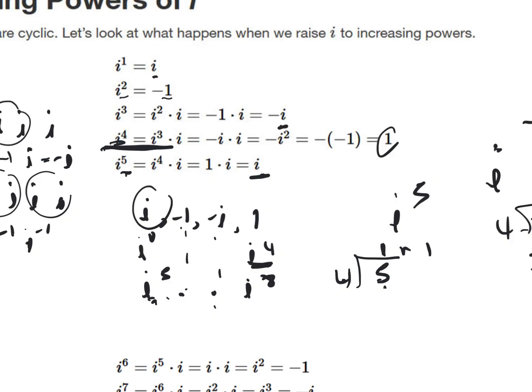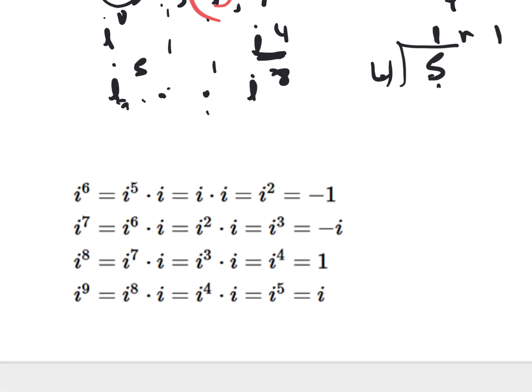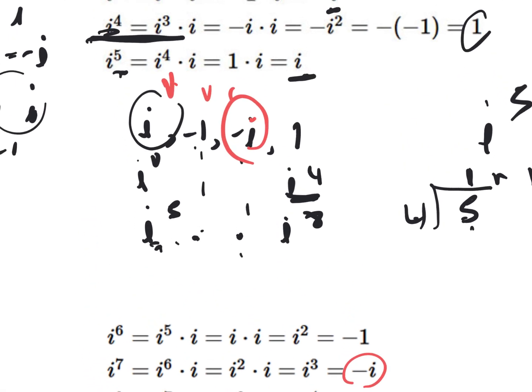The third one would be 1, 2, 3. It would have to be a negative i. So let's look at i to the 7th. i to the 7th is negative i. I don't know what I said. Negative 1 is here. If I said negative 1, I apologize, but it's a negative i.